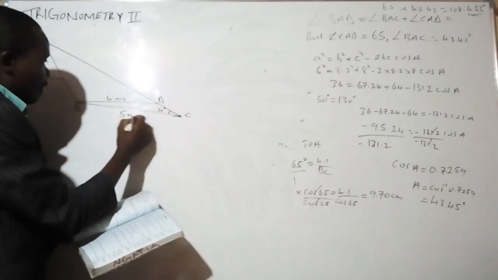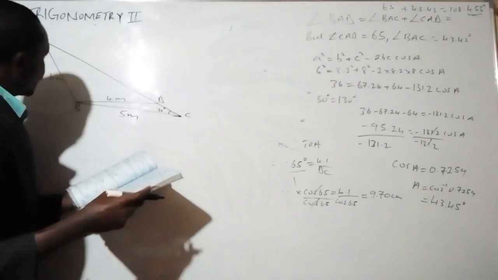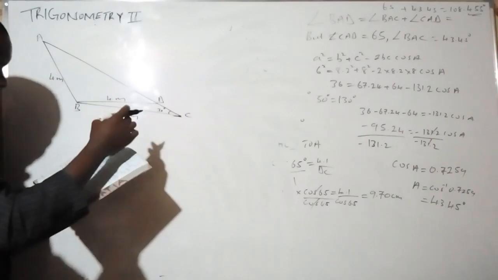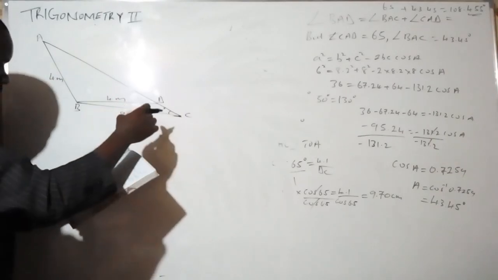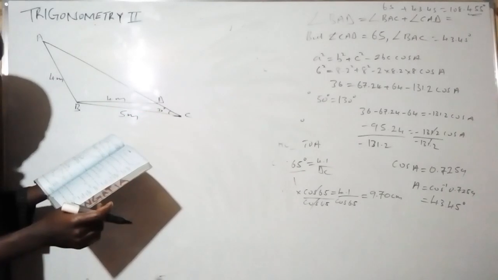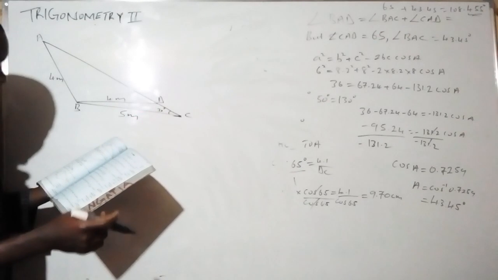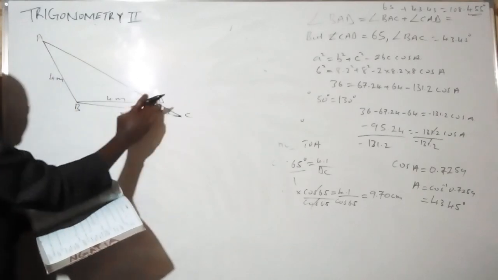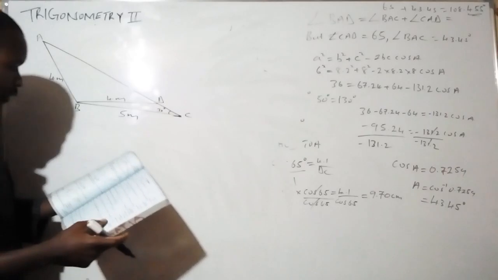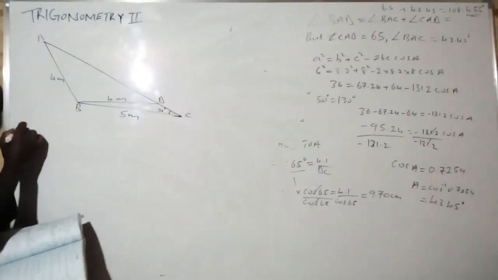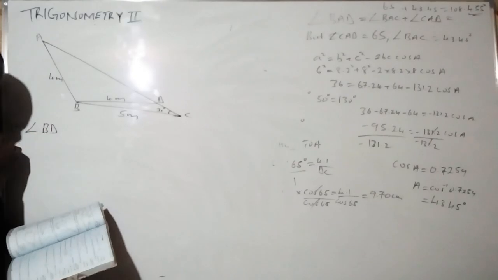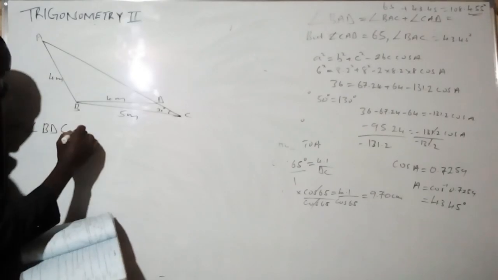What else do you know? Point D lies on side AC, BD is 4, and angle BDC is obtuse. Correct to 2 decimal places, find angle BDC. These are 3 marks.